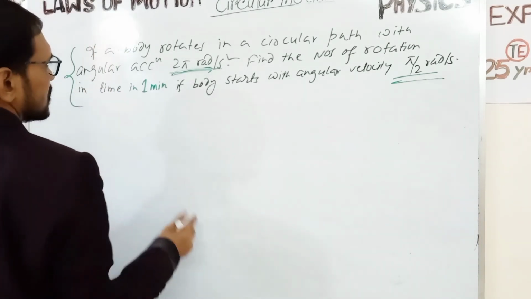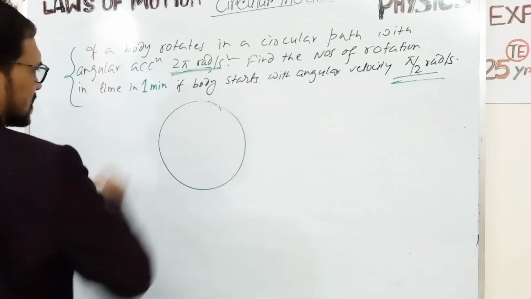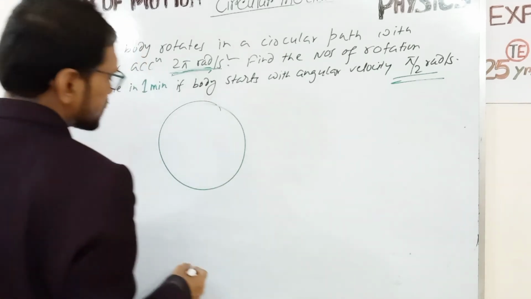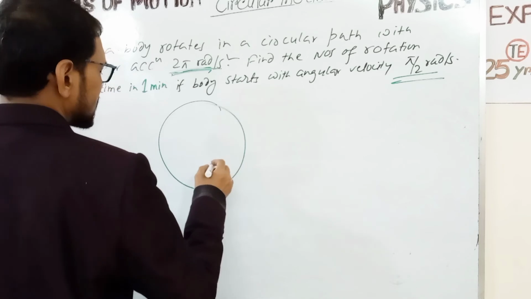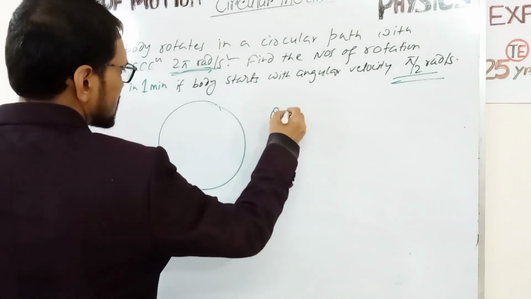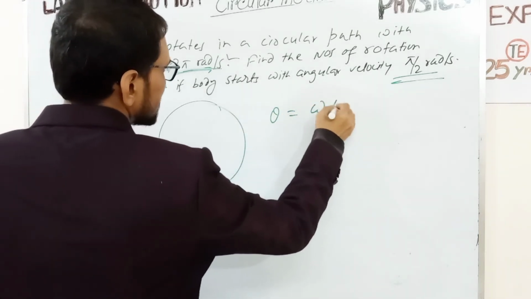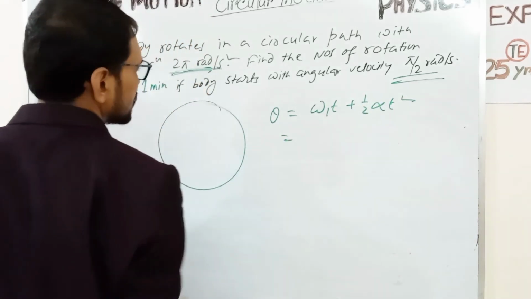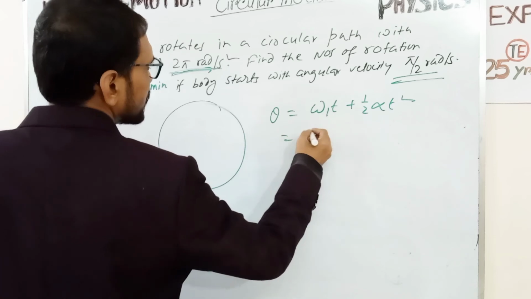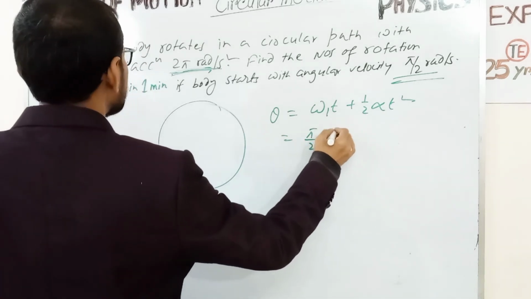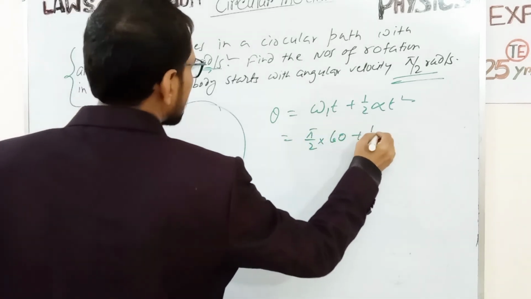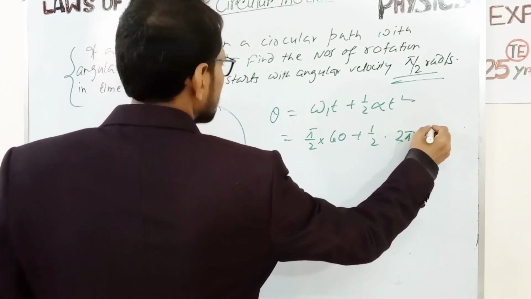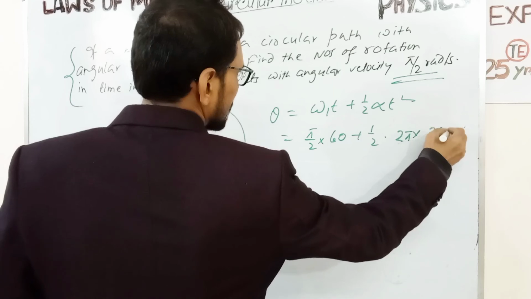First you have to calculate the total angular displacement. Theta equal to omega 1 t plus half alpha t square. Now omega 1 is pi by 2 into t, which is 1 minute, that is 60 seconds, plus half alpha, which is 2 pi, into t square, that is 3600.